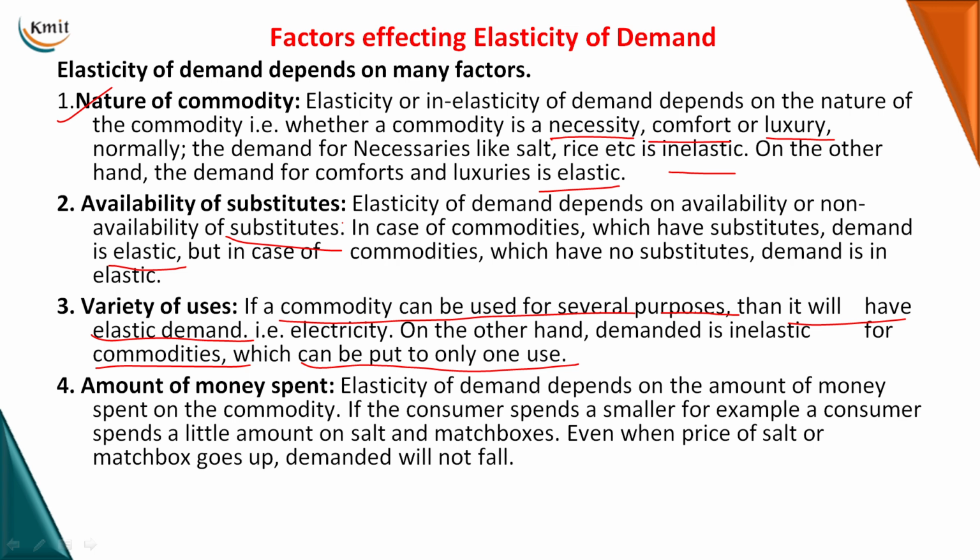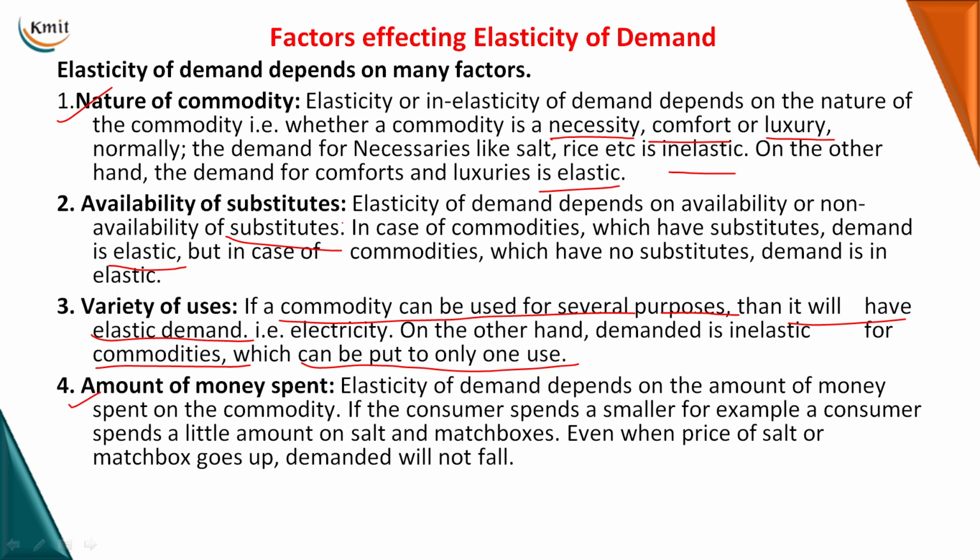Next one is amount of money spent. Amount of money spent, basically the portion of the income spent on a commodity. So a consumer can either spend a smaller portion of the income, or he may spend a maximum portion of his income on certain goods and services.